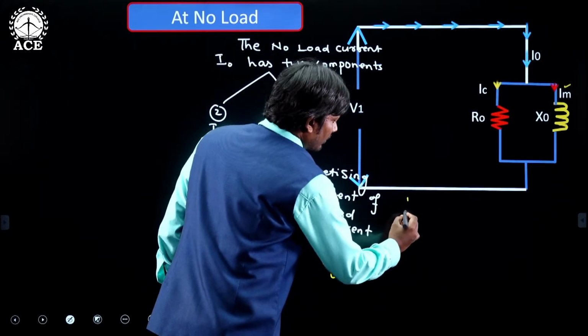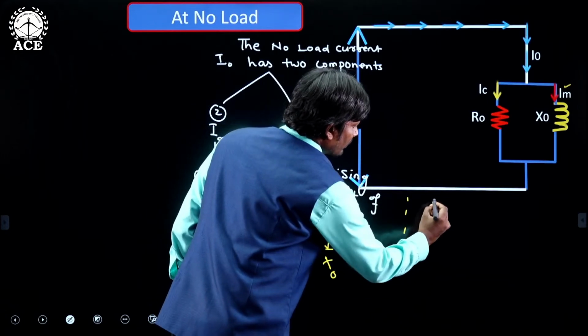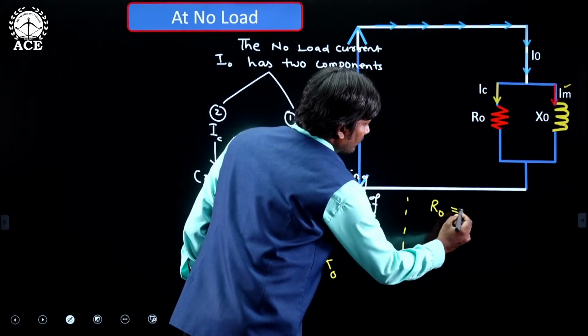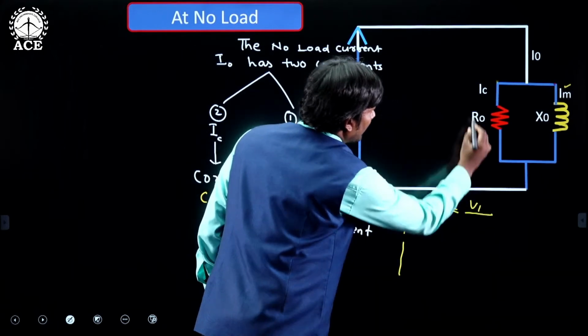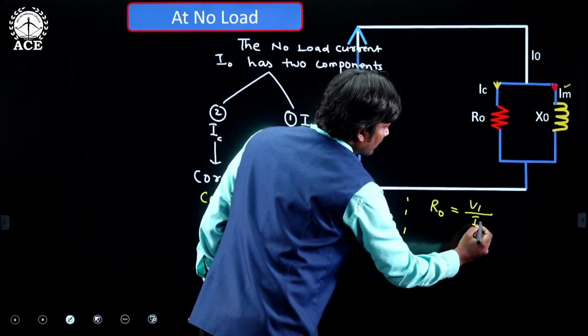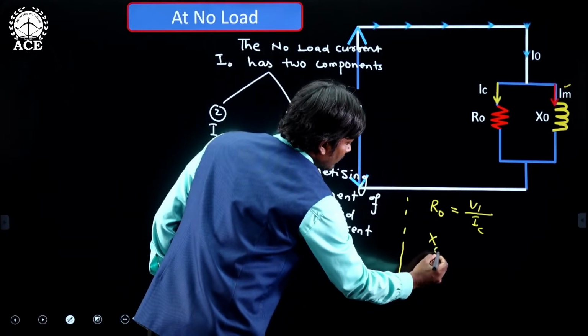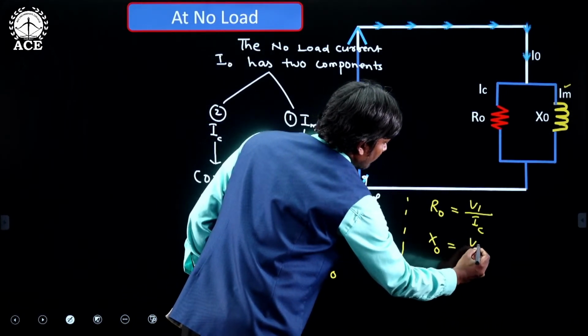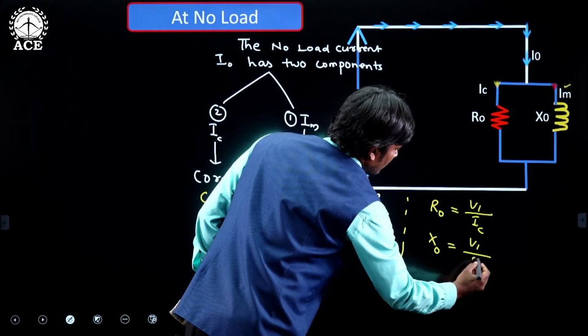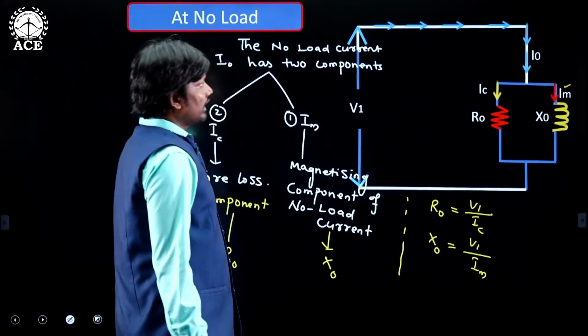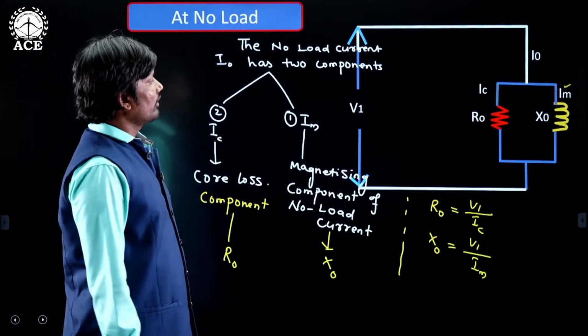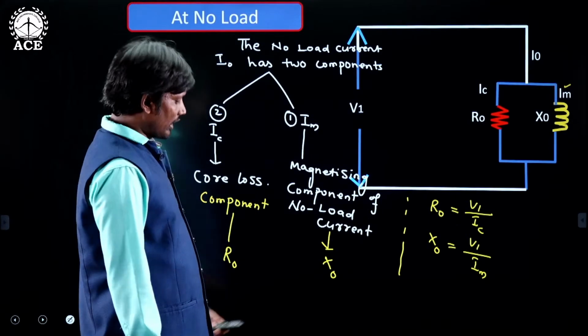Therefore, R naught is equal to V1 by Ic, and X naught is equal to again V1 by Im. This is the equivalent circuit of a transformer under no load condition.